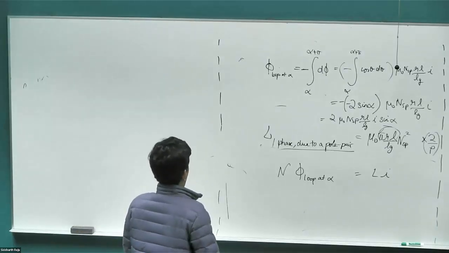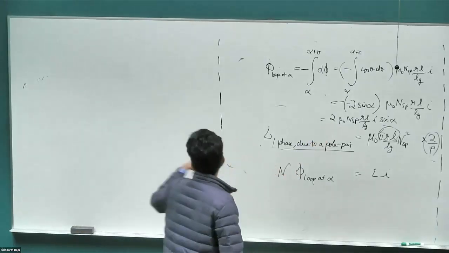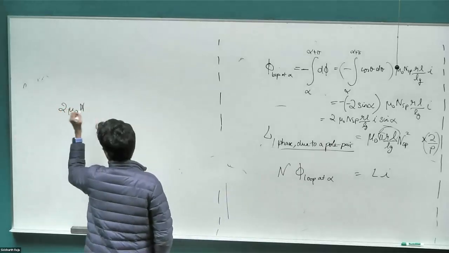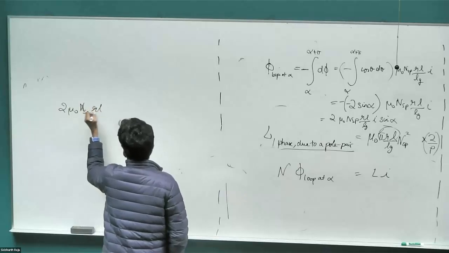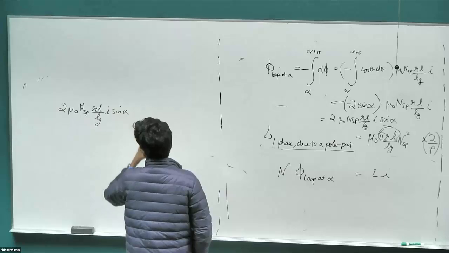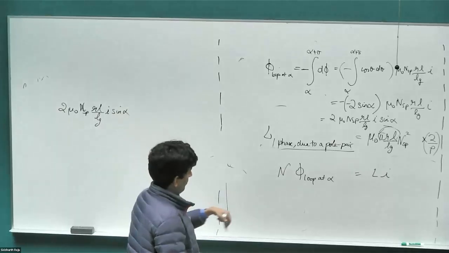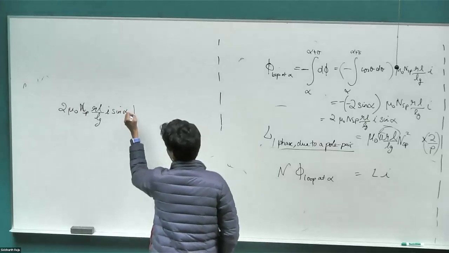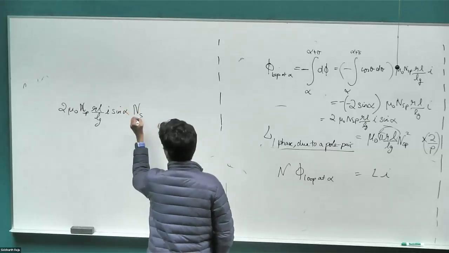So let's see, what do we have? Phi at loop alpha is going to be 2 mu naught Nsp R L divided by Lg times I times sine of alpha. And then my density distribution itself is Ns divided by 2 times sine of alpha. Instead of writing Ns divided by 2, I'm just going to call that Nsp.